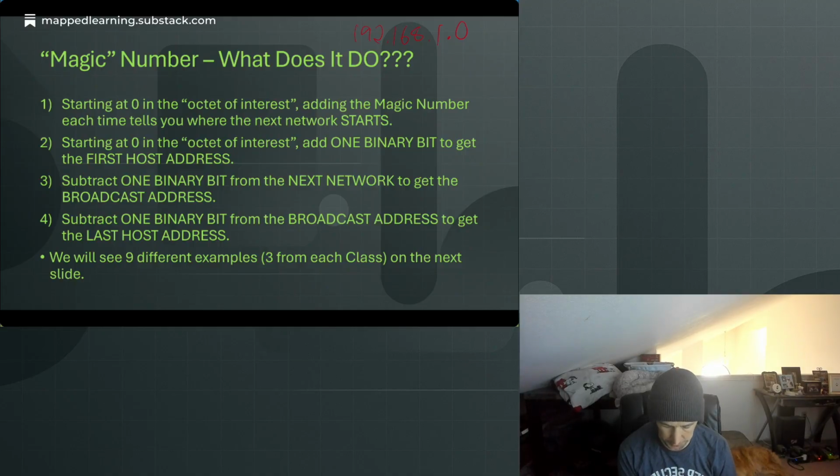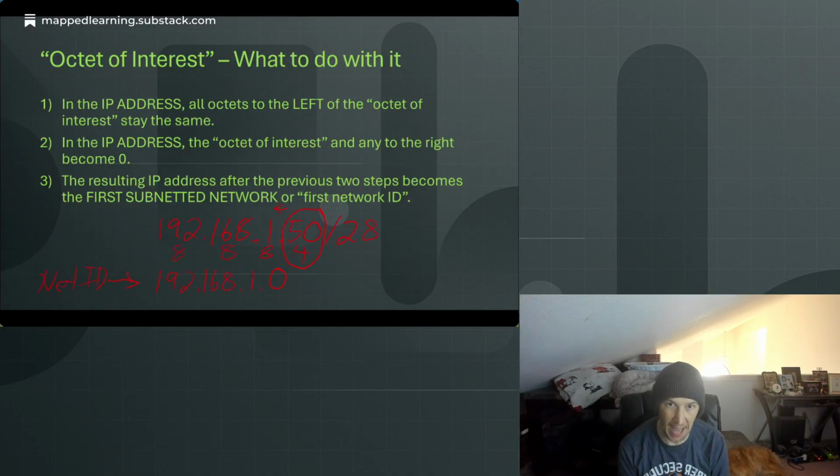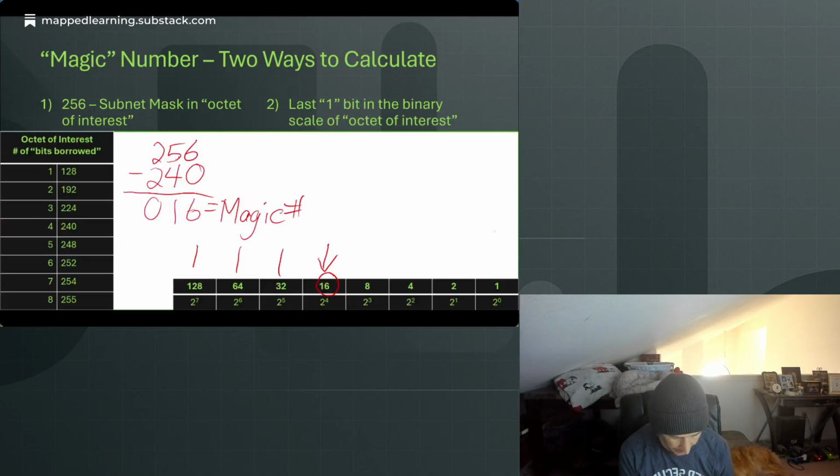Starting at 0 in the octet of interest, add one binary bit to get the first host address. Okay, so 1 added to 0, and when we add bits, we are starting at the far right. We only start at the far left if we're working on subnetting. In this case, we are looking at host addresses, so we start at the right and move left.